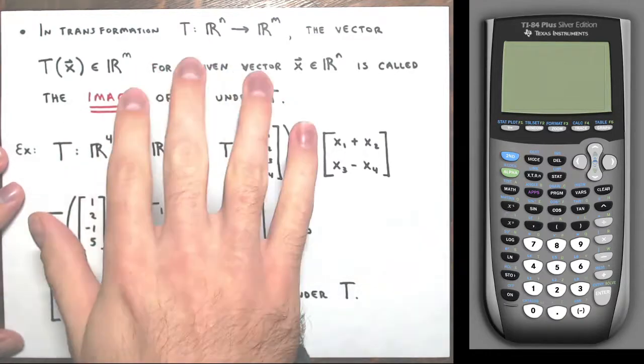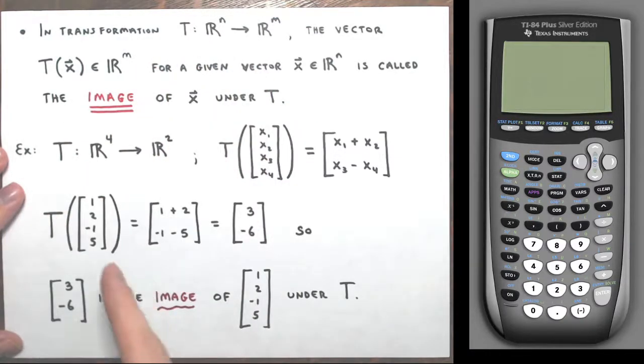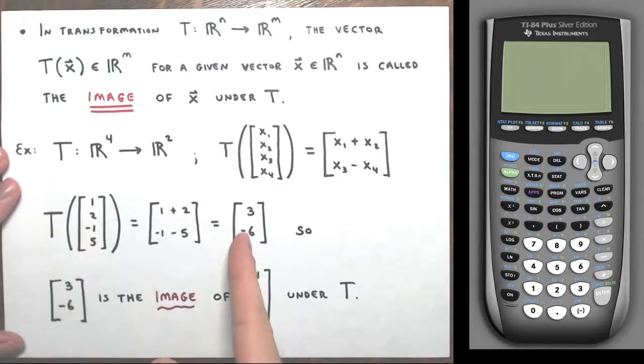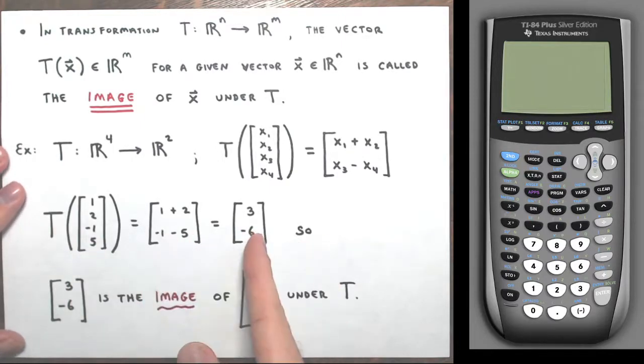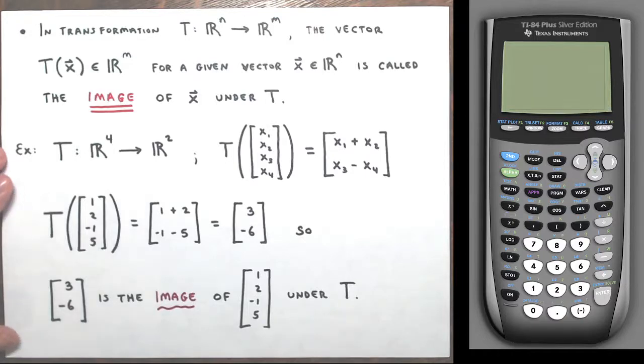What I was saying up here with the image, as it applies to this, would be said the following. This output vector, (3, negative 6), is called the image of the input vector (1, 2, negative 1, 5) under T, under the rule T, or the transformation T. So an output vector is an image of some input vector.